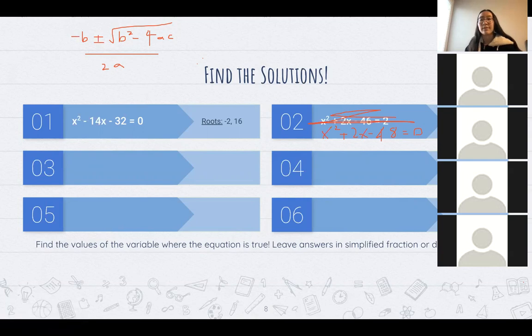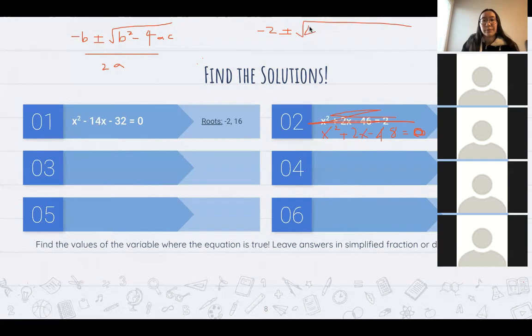So let's take a look at doing this. So b is 2, negative b is -2. You can disregard that. So -2 plus or minus square root of b squared.